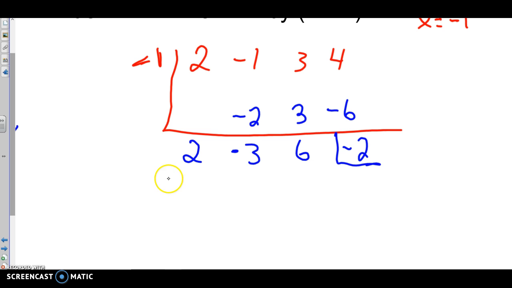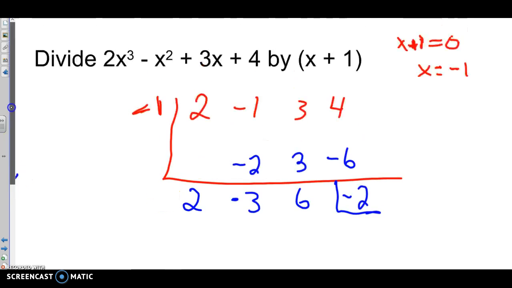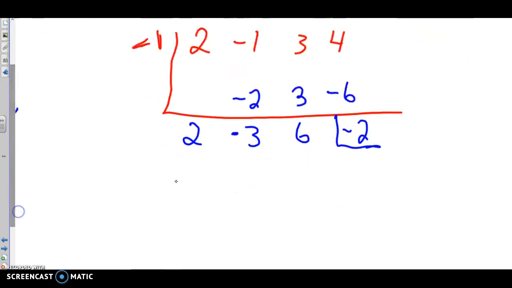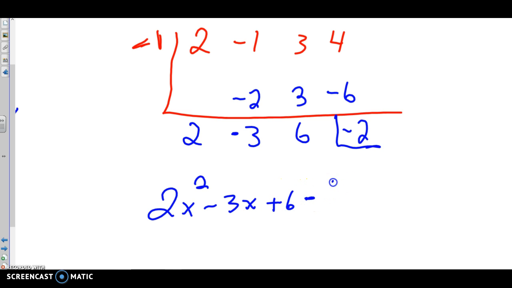So my solution, I started off with x to the third. I drop 1 degree, so 2x squared minus 3x plus 6 minus 2 over x plus 1.